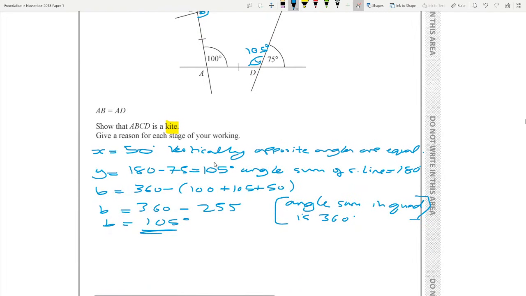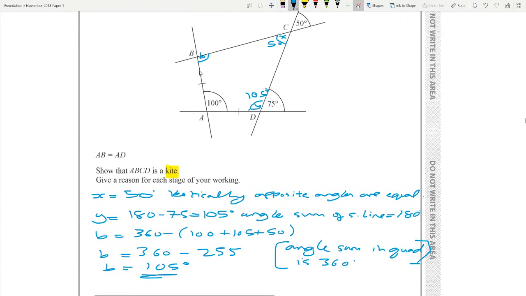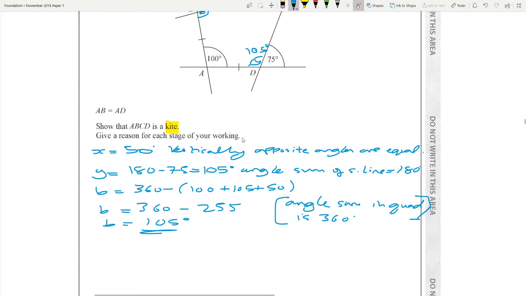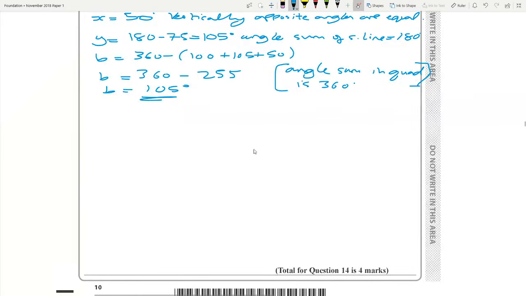At the end, just make a short sentence: these two sides are the same, AB is equal to AD, and these two opposite angles are the same. Therefore, this is a kite. Any questions on that one before we move on? It's for 4 marks.